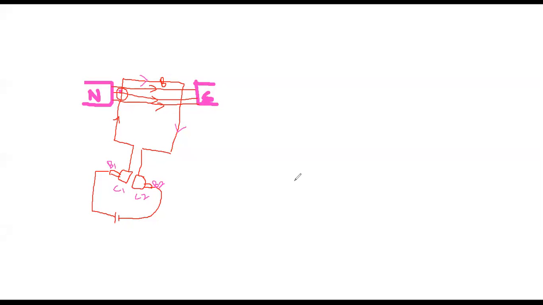To calculate it, there is a formula: force is equal to current into flux density. We want to multiply the current with the flux density. The direction of current is upward. For better clarity, I will draw a two-dimensional view.